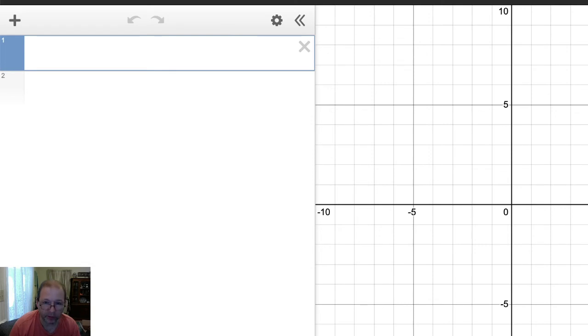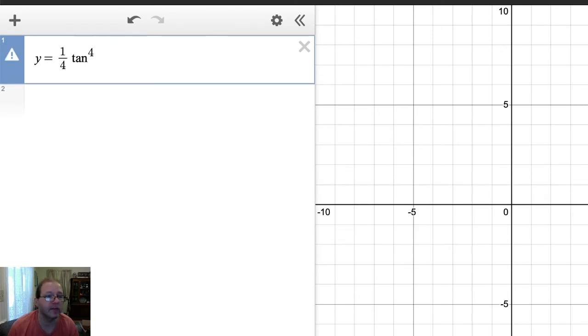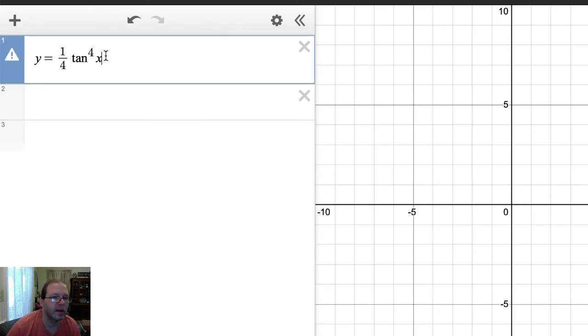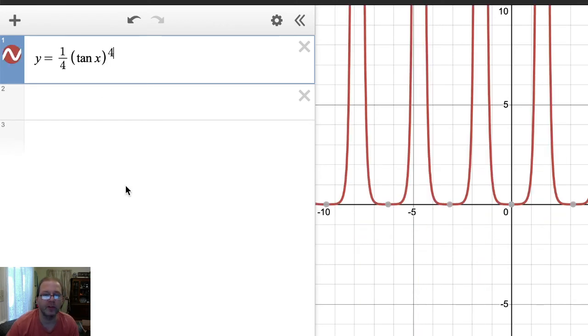So let's see, one of those was y equals 1/4 tan to the 4th x. Let's see, does Desmos graph that? It doesn't like that. Tan x to the fourth. Okay, so we get a bunch of u's over there.